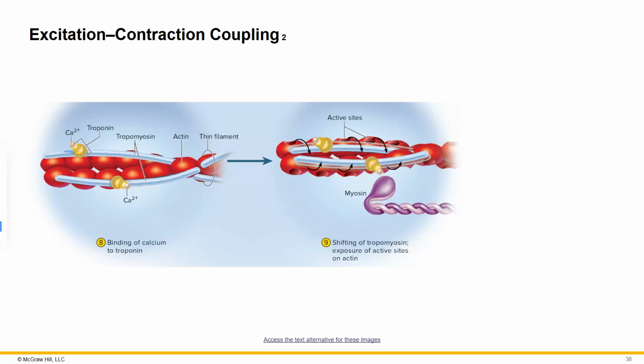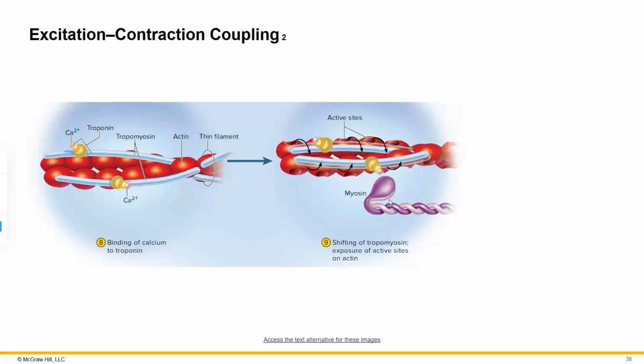Once calcium enters by the filaments, calcium is going to bind to troponin. That's going to cause a shift in the shape of troponin, and that moves tropomyosin out of the way. Now, when tropomyosin moves out of the way, it exposes these myosin binding sites on actin.